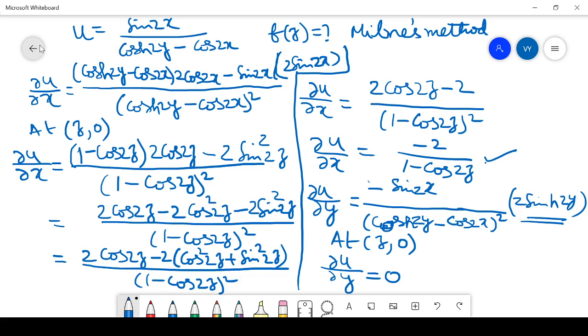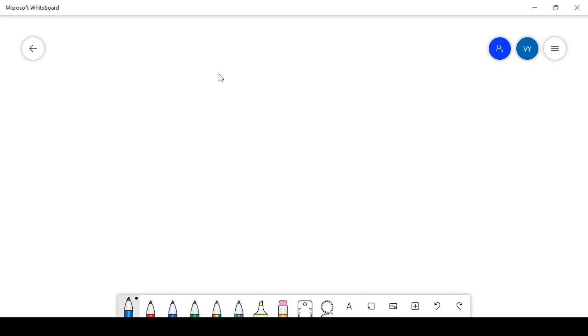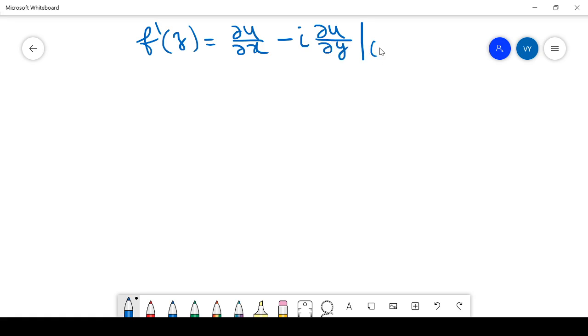So in this case, when I substitute this in the formula for f dash of z, I will have f dash of z is equal to ∂u/∂x minus i ∂u/∂y at z comma 0. Now I substitute this.